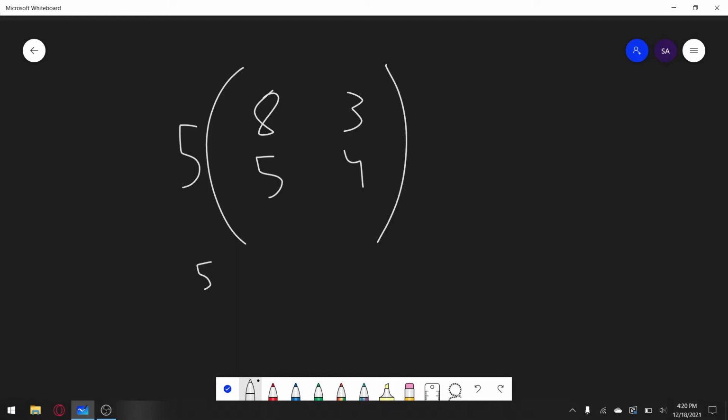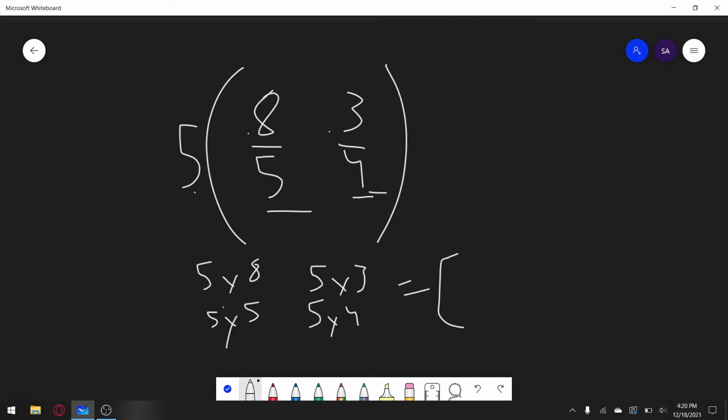You simply do 5 multiplied by 8, 5 multiplied by 3, 5 multiplied by 5, and 5 into 4. Basically multiply 5 with all of these integers. So the answer is 40, 15, 25, and 20.